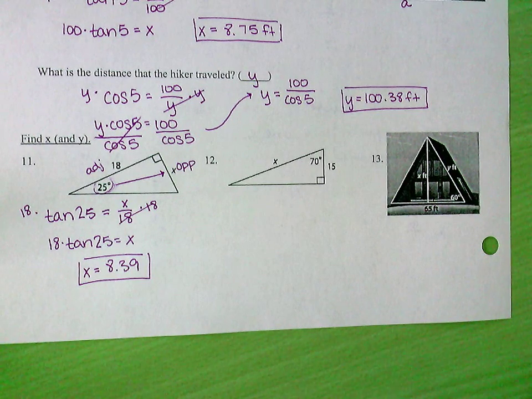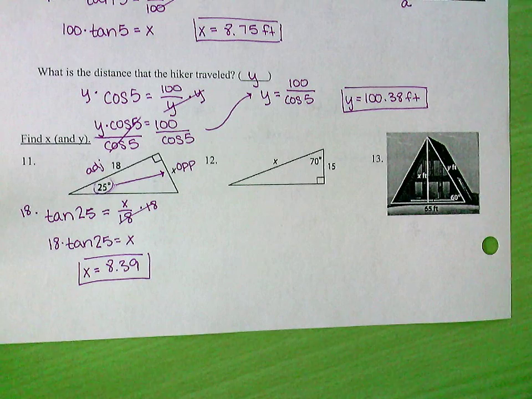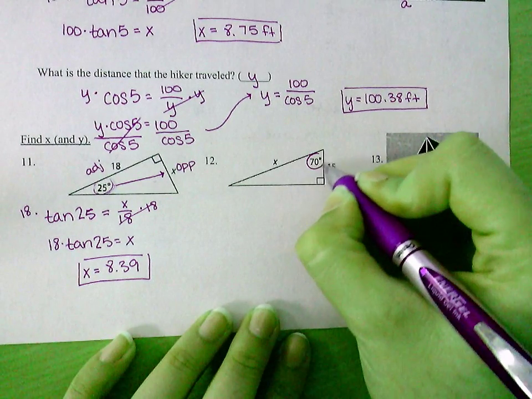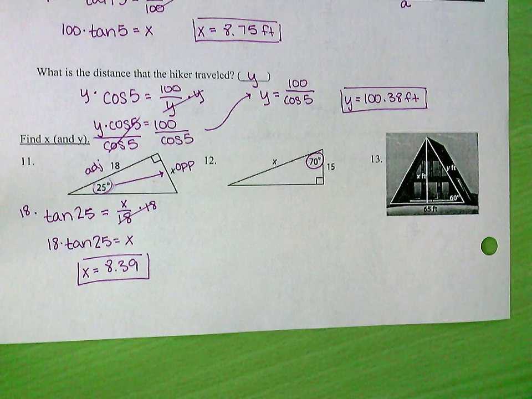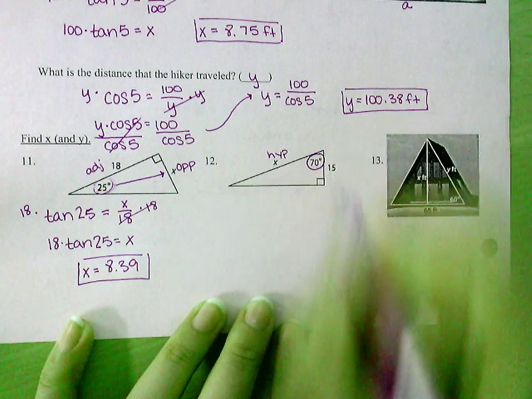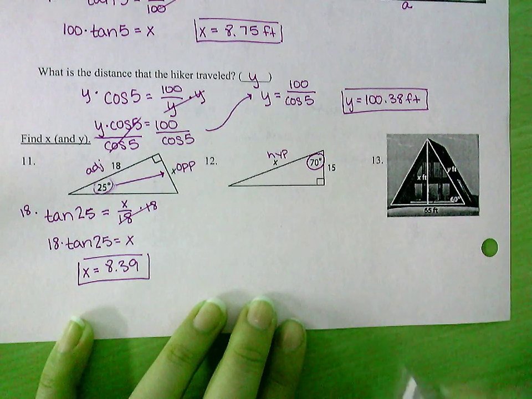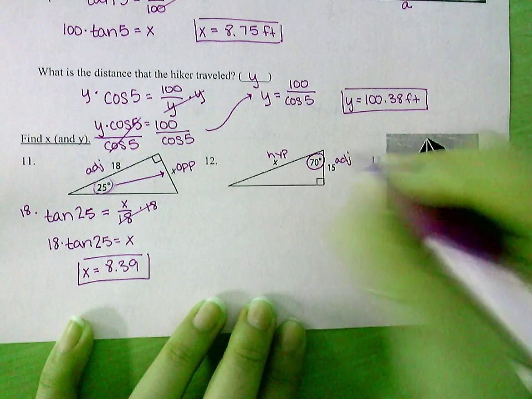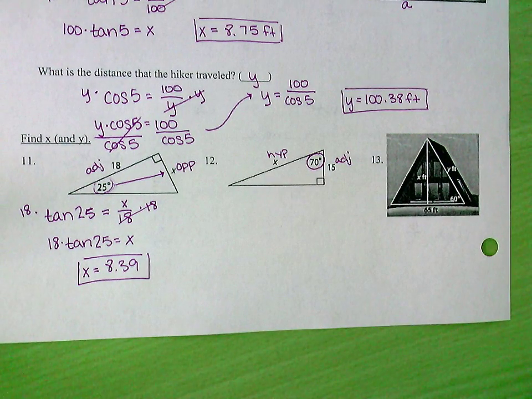Number 12. Which angle am I going to go from? 70. What are my two sides I'm given? The hypotenuse and the adjacent side.